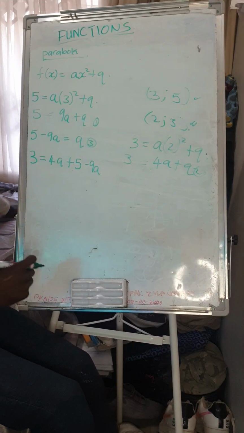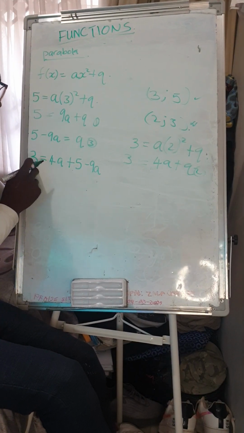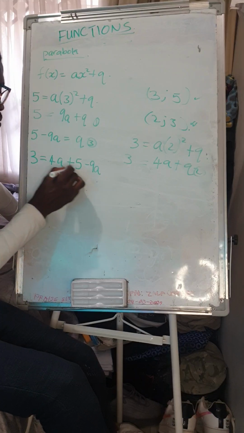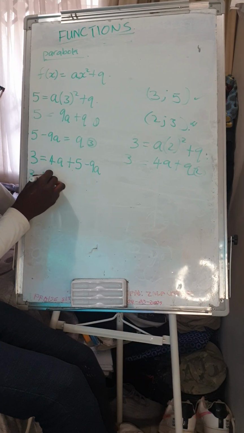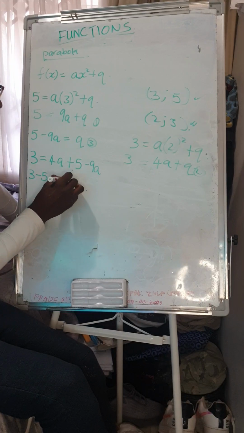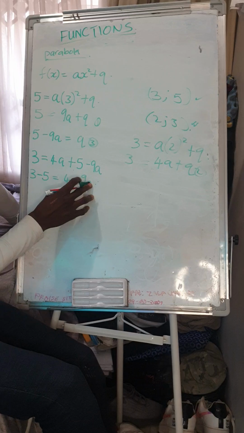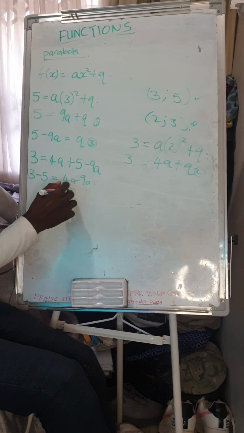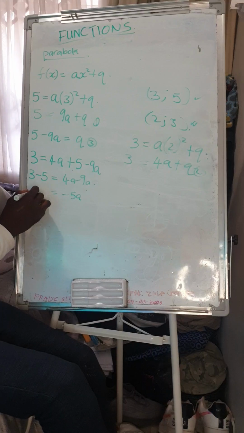Moving this one to the other side, you'll have 3 minus 5 equals 4a minus 9a. What do we get? This is minus 5a, equal to 2.